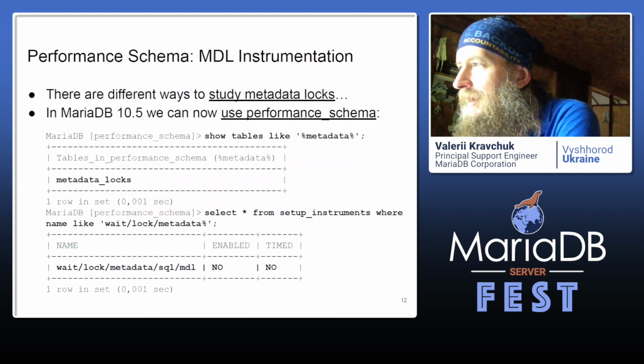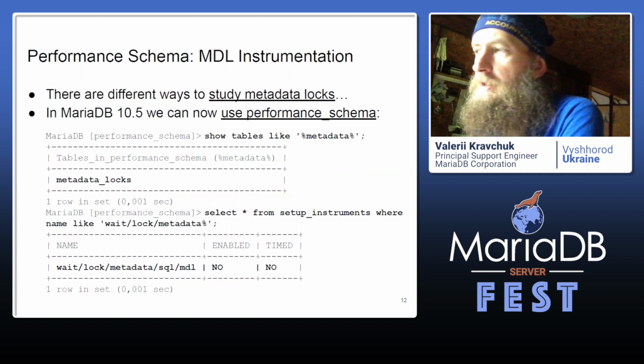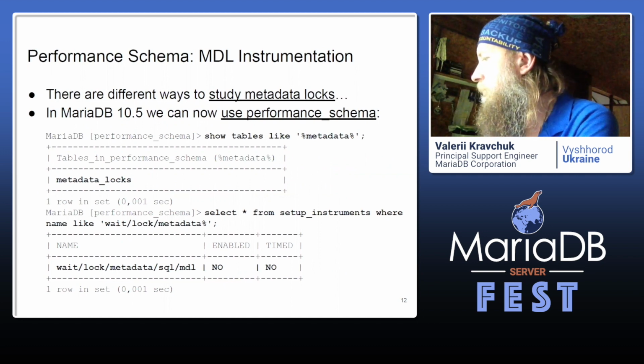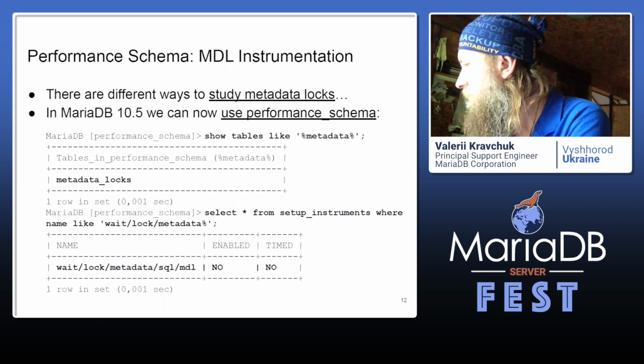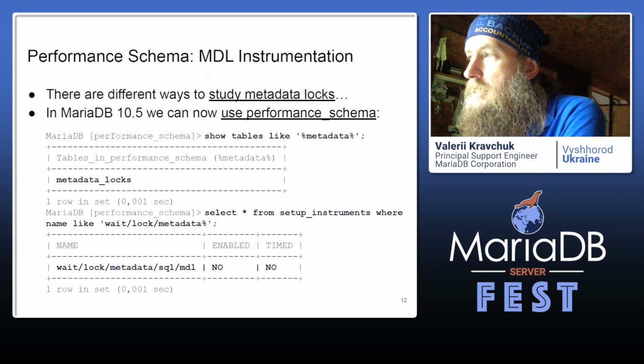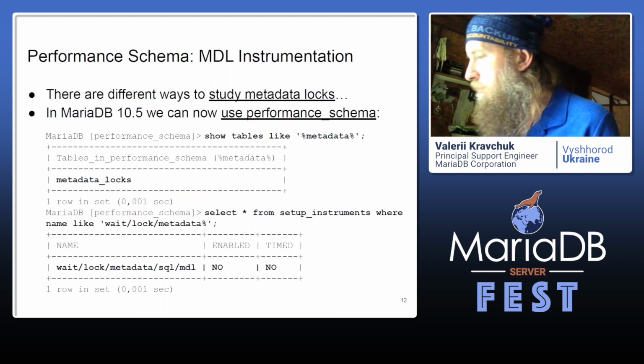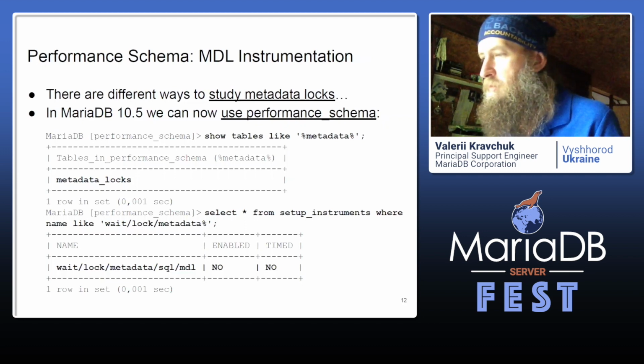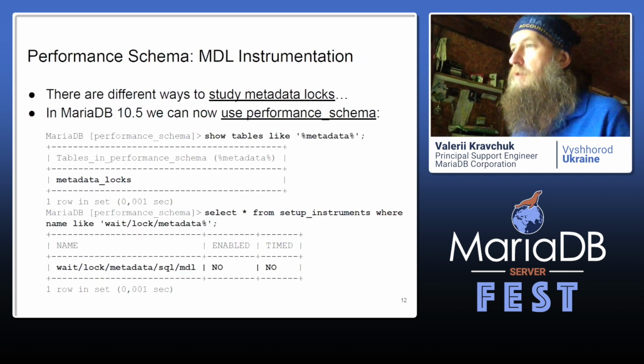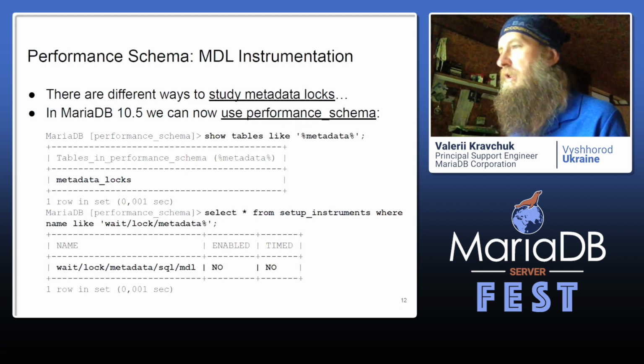Let's move on. Another additional instrumentation is devoted to metadata locks. We have had a metadata lock info plugin historically in MariaDB for quite some time. But in some cases, it's useful to be able to see the metadata lock info the way performance schema presents it. It's easier, it's always there, and it's easier to join if it's all in the same performance schema.